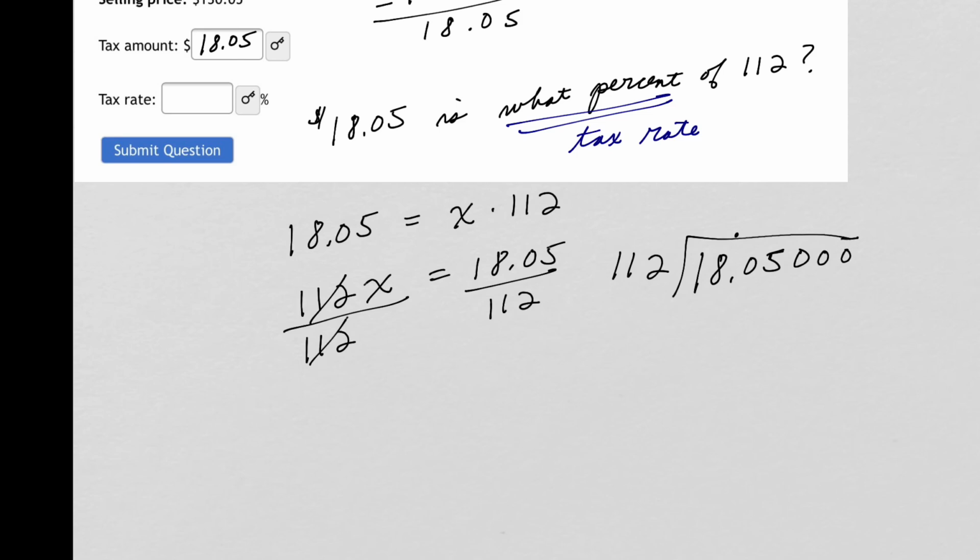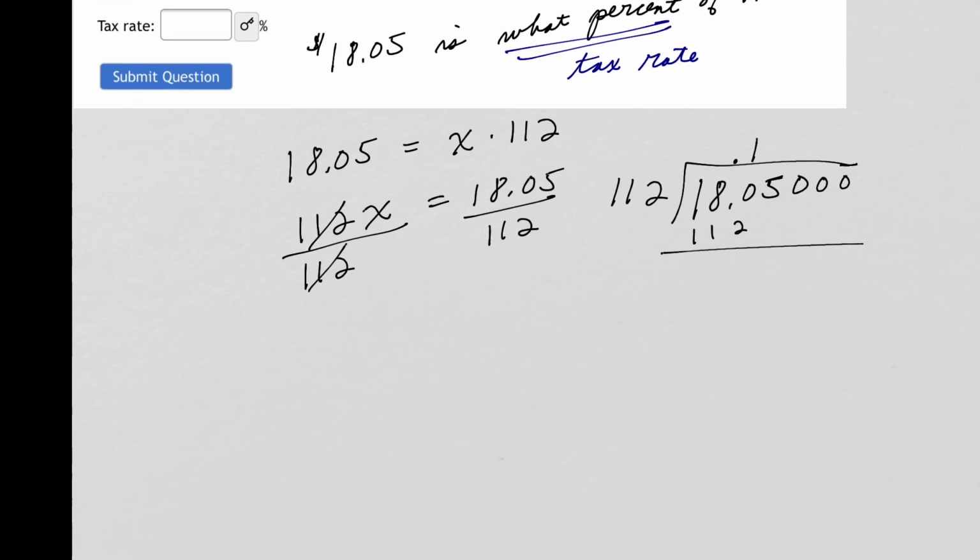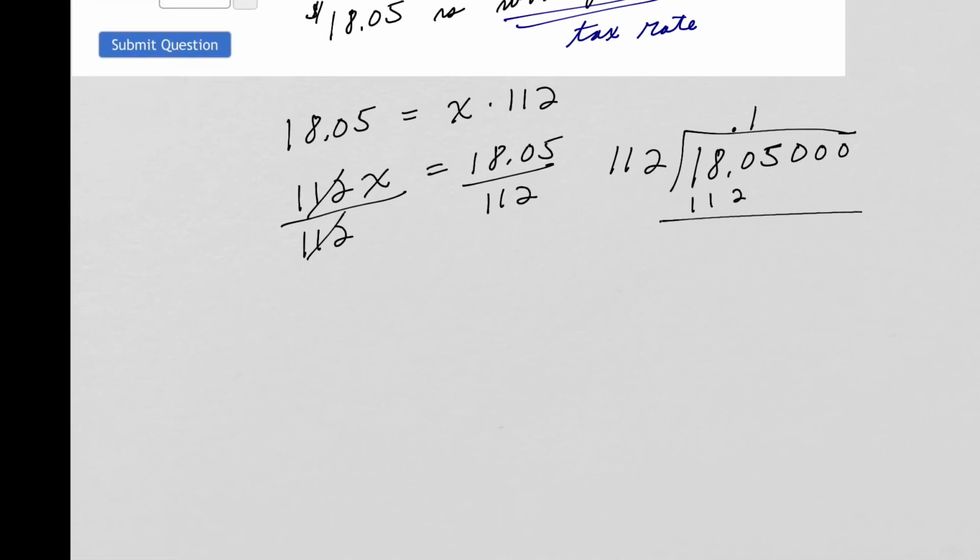Okay, so let's see here. 112 doesn't go into 18, but it will go into 180 once. So this is 1. Subtract 112. I need to borrow, so 10 minus 2 is 8, 7 minus 1 is 6. Bring down the next digit, which is 5.